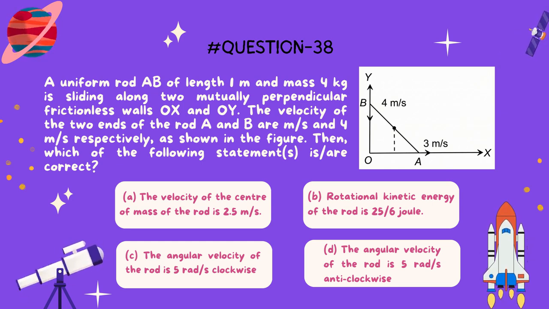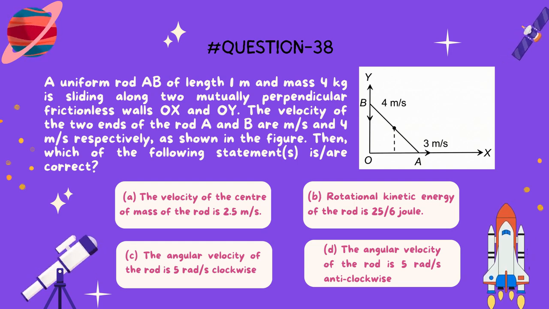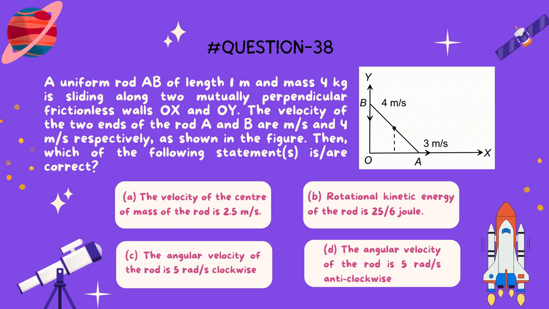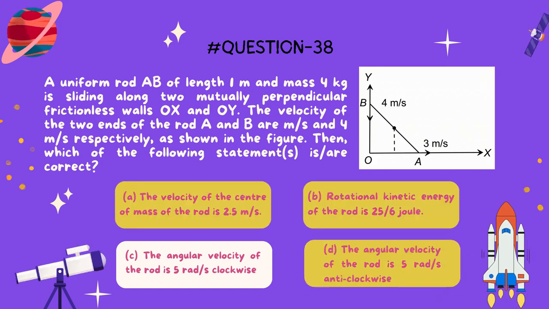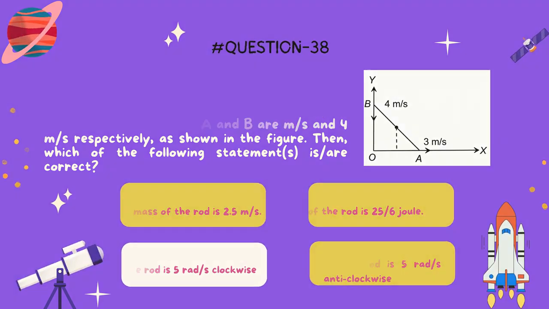B. Rotational kinetic energy of the rod is 25 divided by 6 joule. C. The angular velocity of the rod is 5 radians per second, clockwise. D. The angular velocity of the rod is 5 radians per second, anti-clockwise. Correct answer A, B, and D.